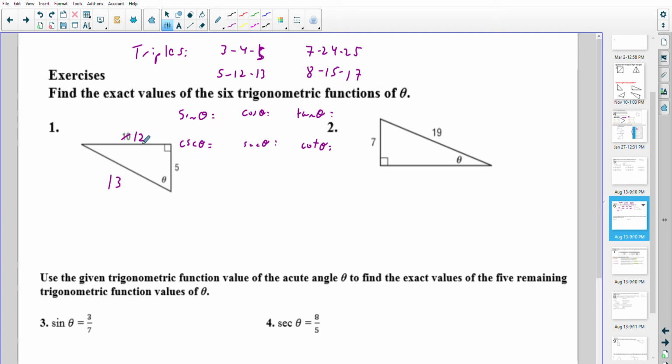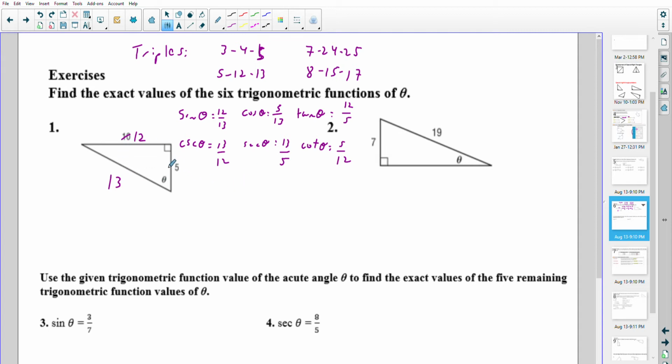Sine theta, opposite over hypotenuse, 12/13. Cosine theta, adjacent over hypotenuse, 5/13. Tangent theta, opposite over adjacent, 12/5. And now I just write down the reciprocals of those first 3 trig functions. And that's all there is to it.